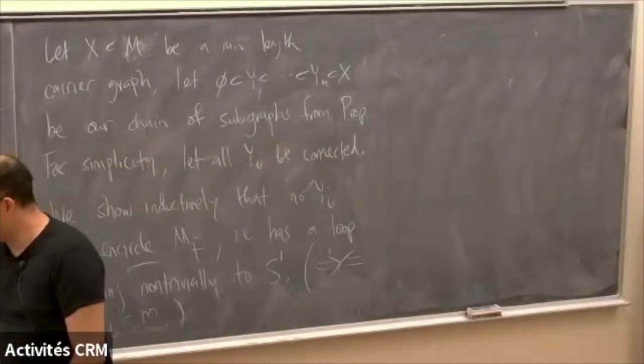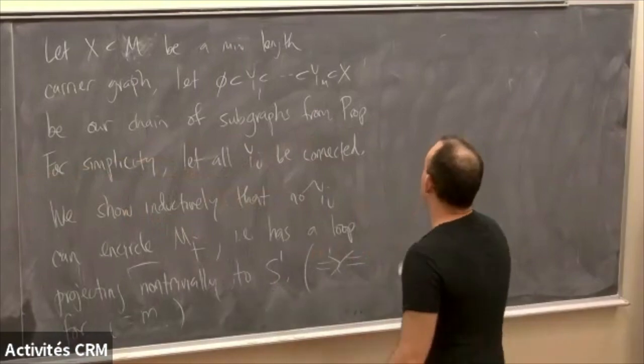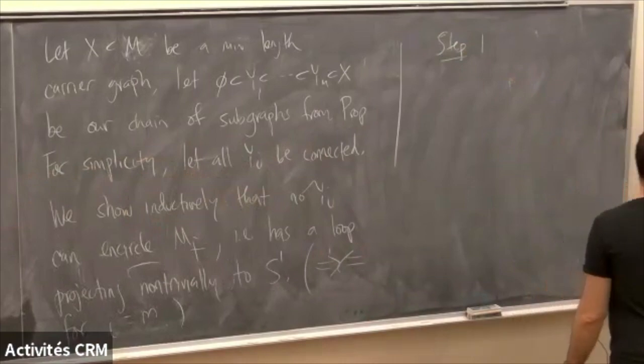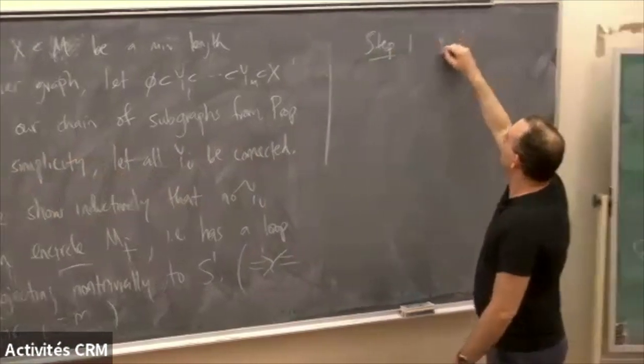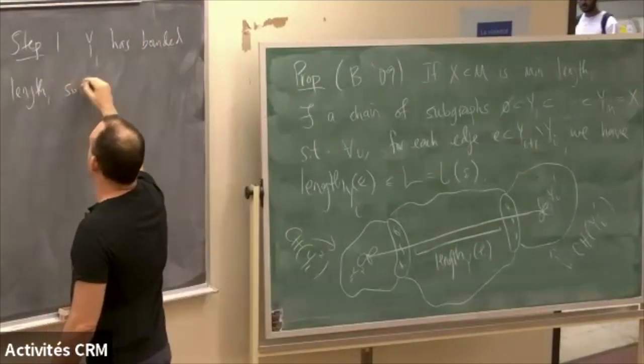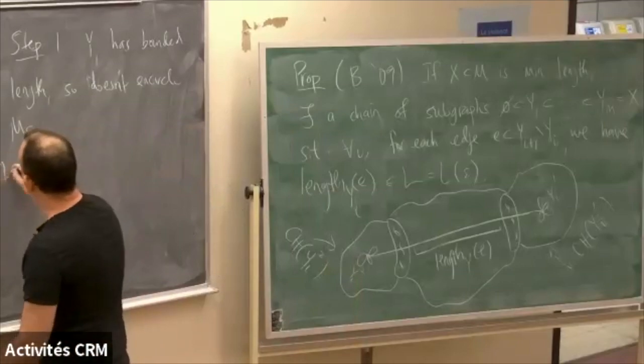And so what's the argument for this? Well, this is an inductive argument. Step one is to look at Y_1. Y_1 has bounded length, so it doesn't encircle M. Great. What's step two?